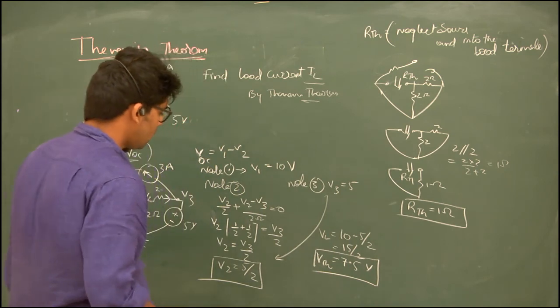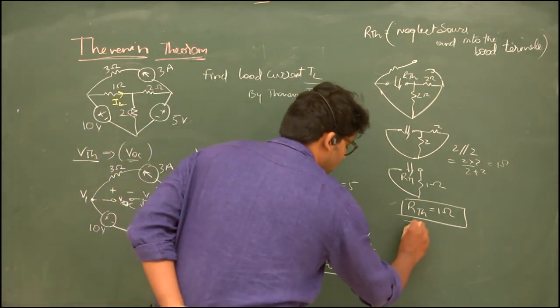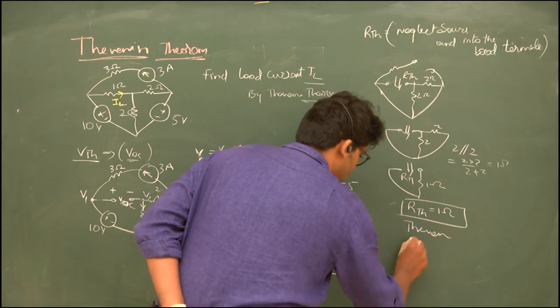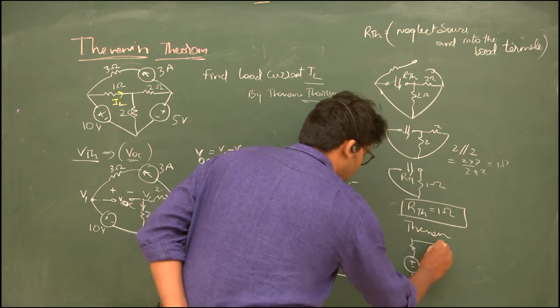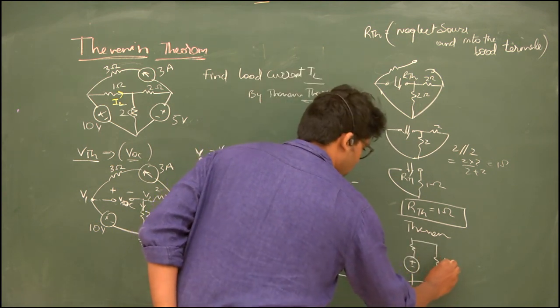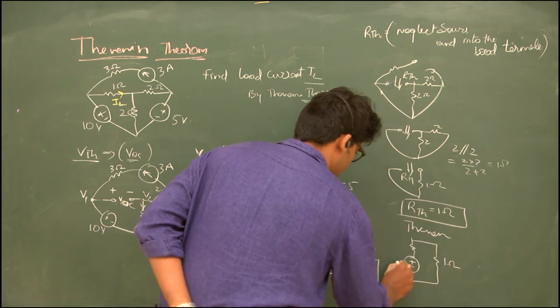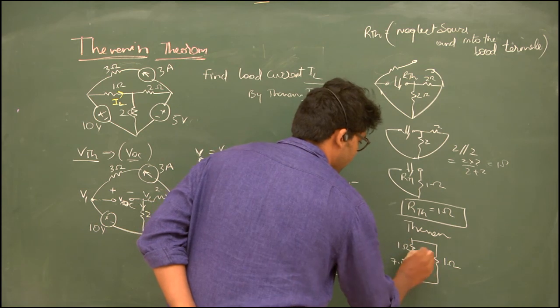You got V Thevenin, you got R Thevenin. Therefore the Thevenin equivalent circuit is R Thevenin 1 ohm, V Thevenin 7.5 volts, and the load is 1 ohm.